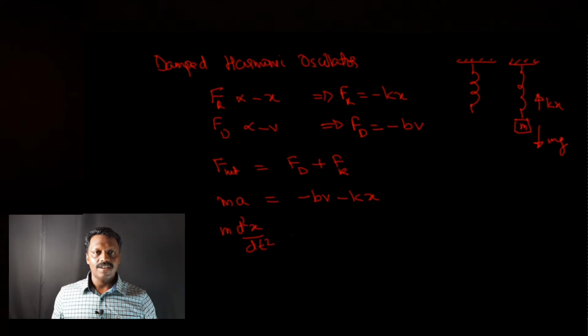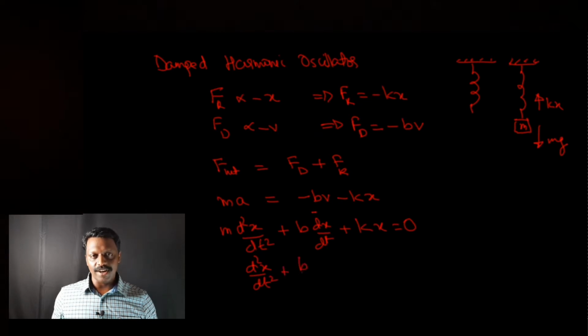So ma is written as m d squared x by dt squared plus b dx by dt plus kx is equal to 0. That is by taking the terms from the RHS to the LHS. Dividing throughout by m, we have d squared x by dt squared plus b by m dx by dt plus k by m x is equal to 0.